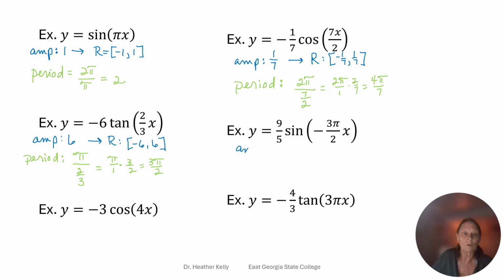This last one here, the amplitude is 9/5, which means that our range is going to go from -9/5 to 9/5. And our period, I'm dealing with sine here, so we've got 2 pi divided by 3 pi over 2.